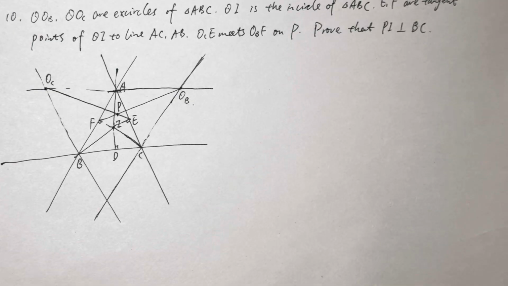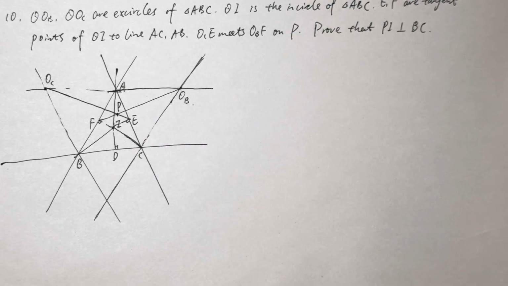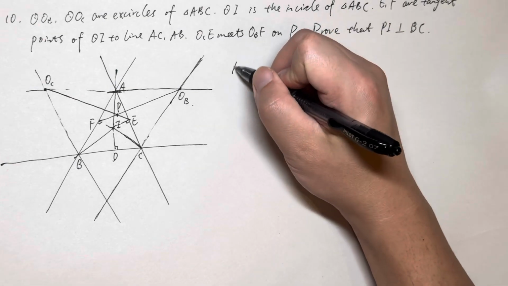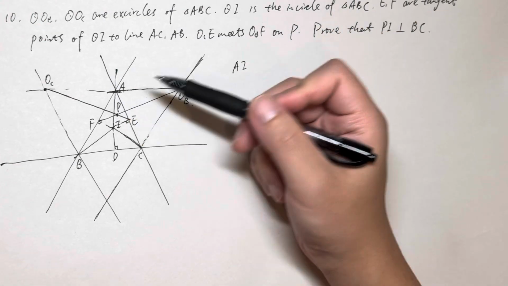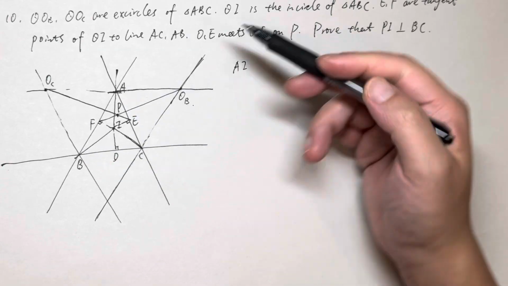For this problem, I will show a very interesting, purely new way to prove that three points are collinear. The first thing we notice is that AI is the angle bisector of angle BAC, right?